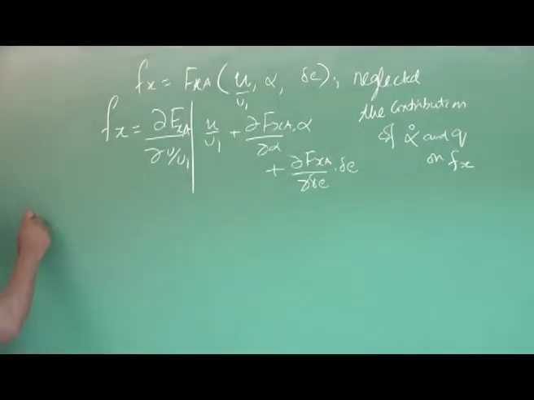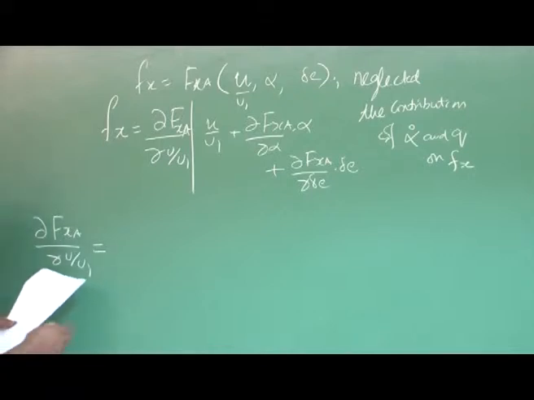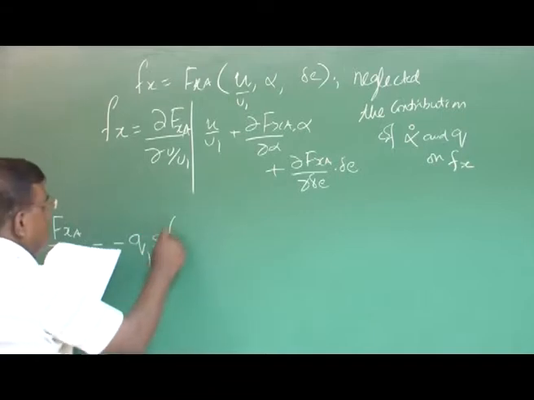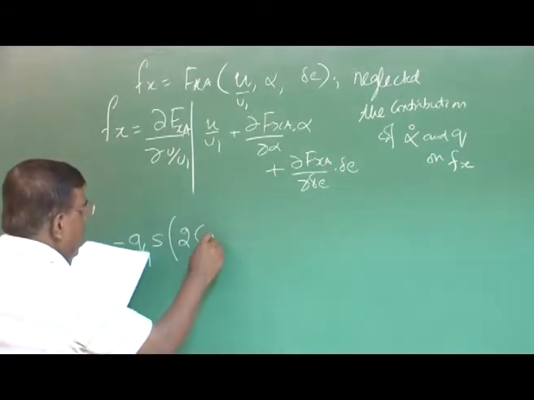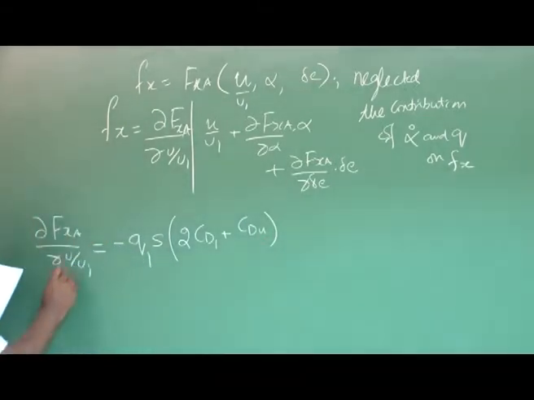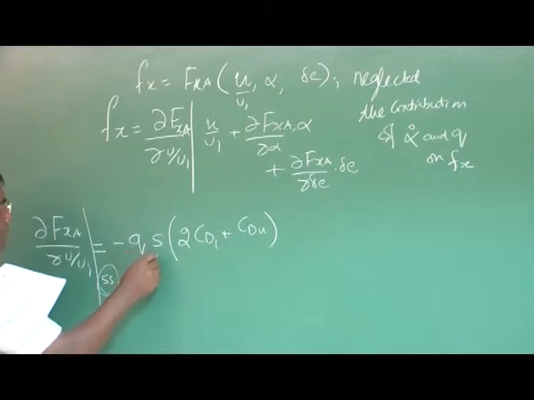And we have also found out df xa by d(u by u1), and the expression was minus q1 S 2 CD1 plus CDu. Of course, at steady state, because at steady state I am using the term 1 here. And what is the steady state for our case? It is the cruise.